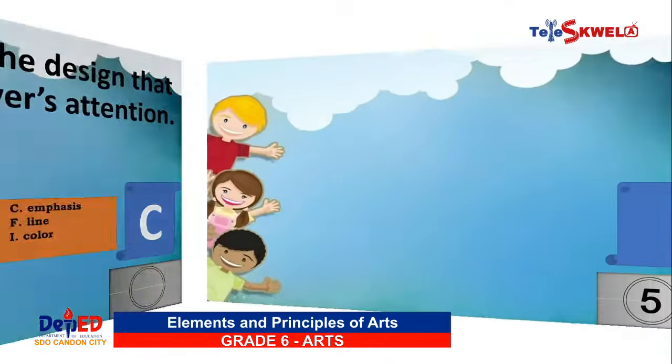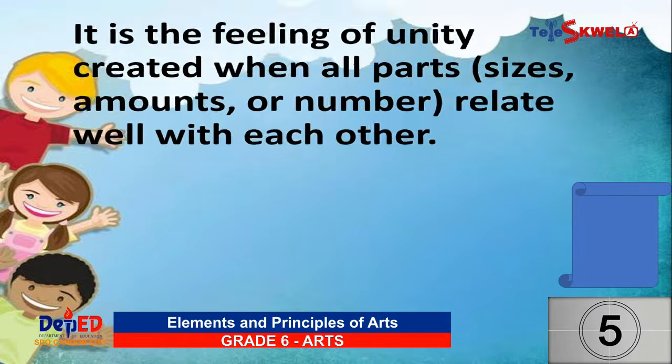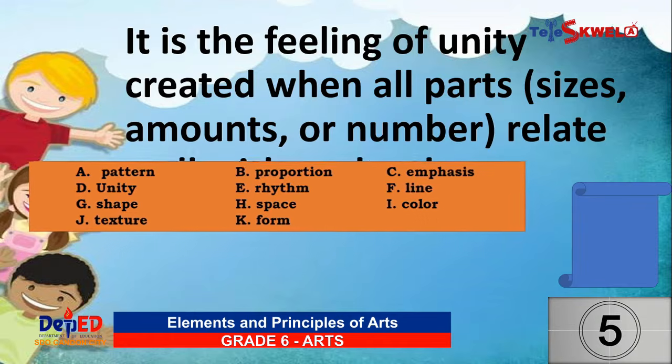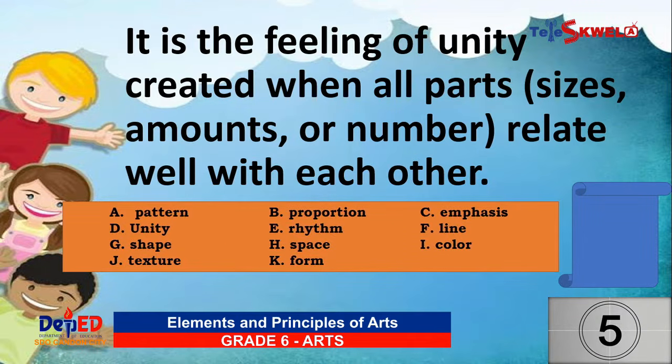Next, it is the feeling of unity created when all parts, sizes, amounts, or number relate well with each other. Timer starts now. And the answer is letter B, proportion.